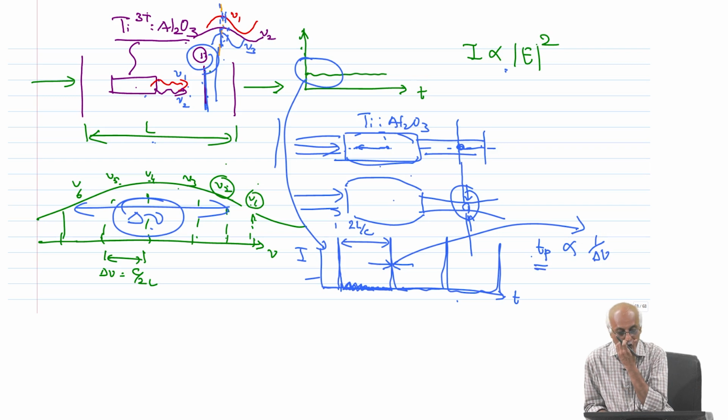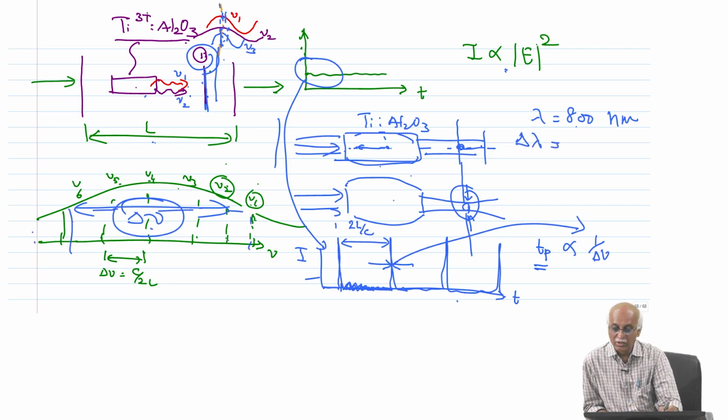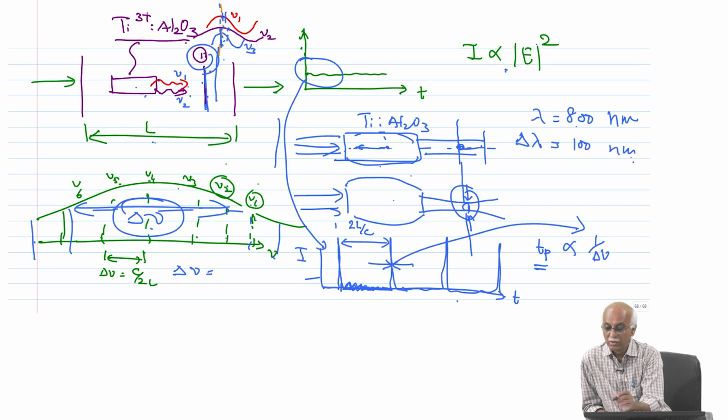You can estimate, for example, for a titanium sapphire laser, lambda is 800 nanometer, with spectral bandwidth from, let us say, 600 nanometer to 1000 nanometer. Taking the type of cavity we use, maybe it is around 100 nanometer, let us assume delta lambda.